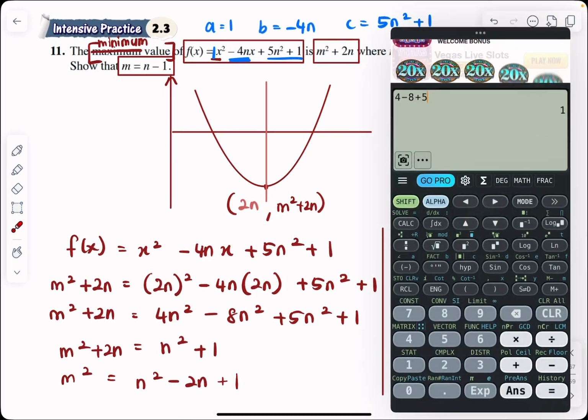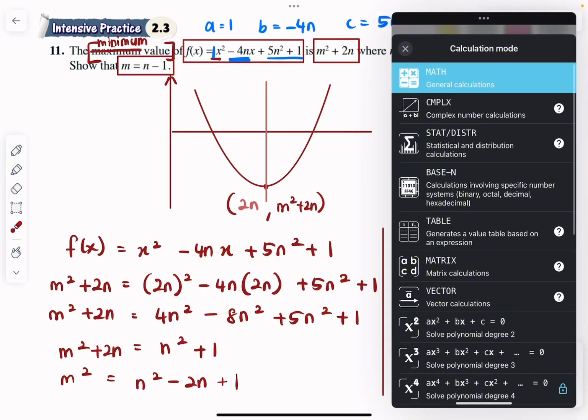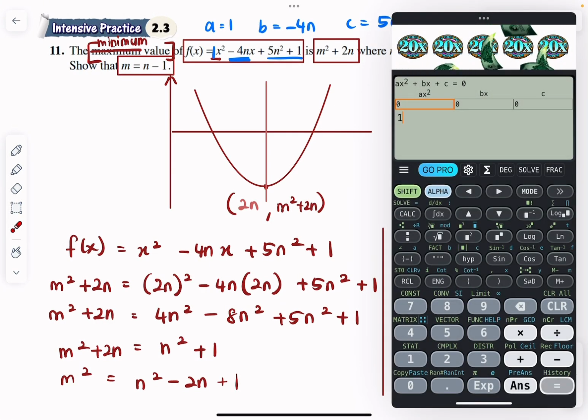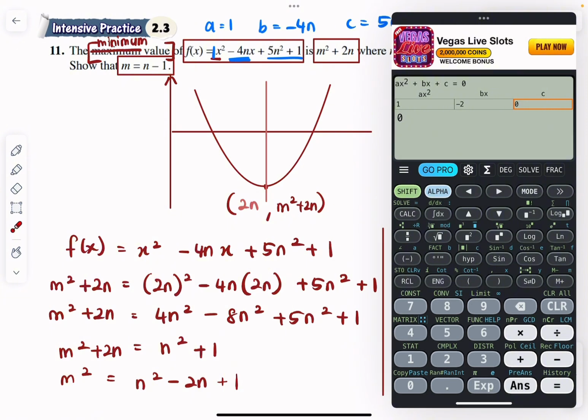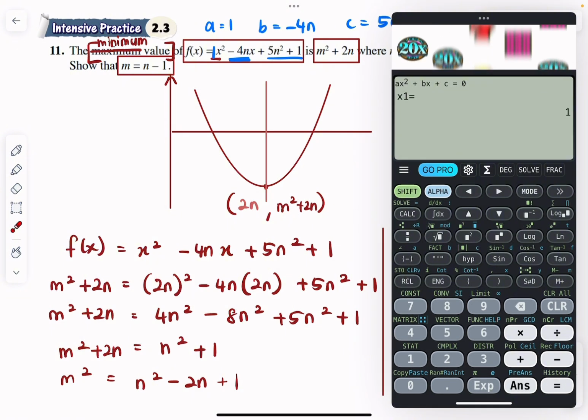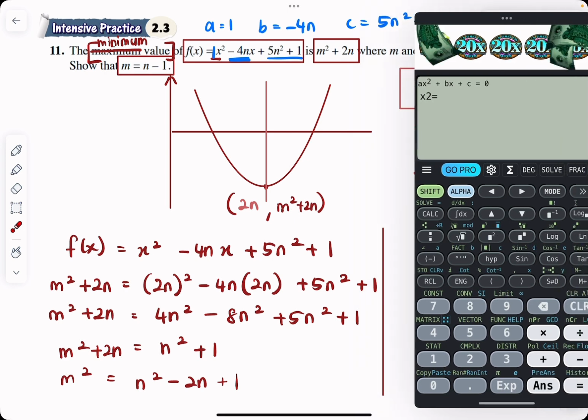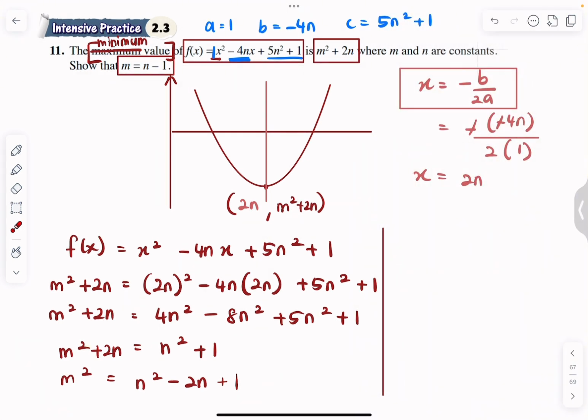You can use the help of your calculator. a is 1, b is negative 2, c is 1. So we get 1 and 1. So m squared is n minus 1 times n minus 1. We can also write this as n minus 1 squared.